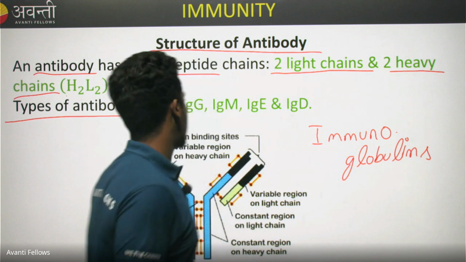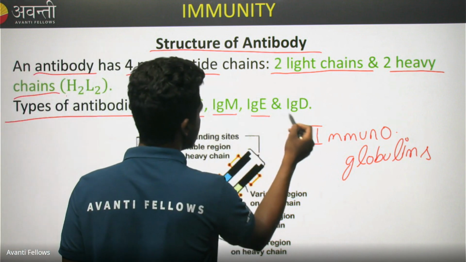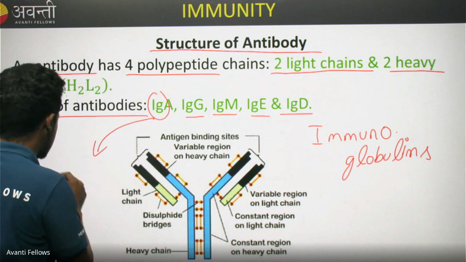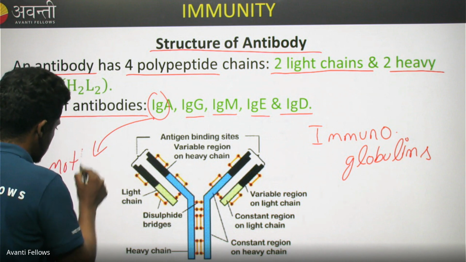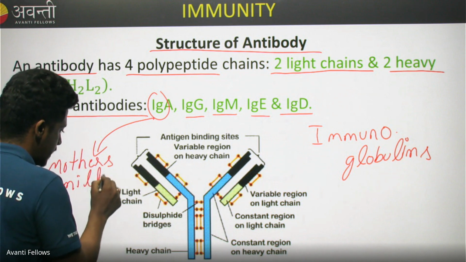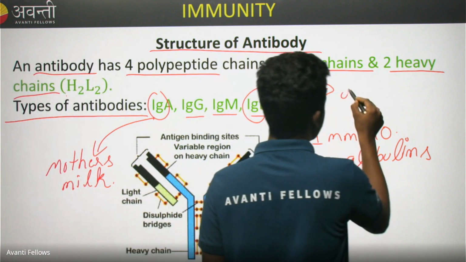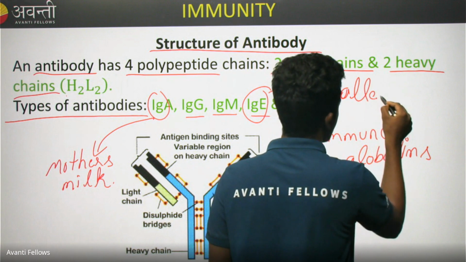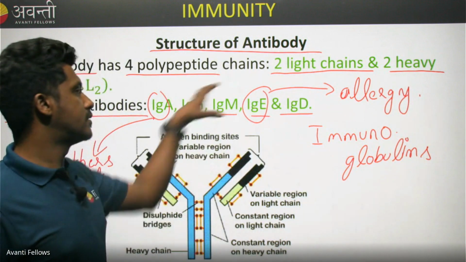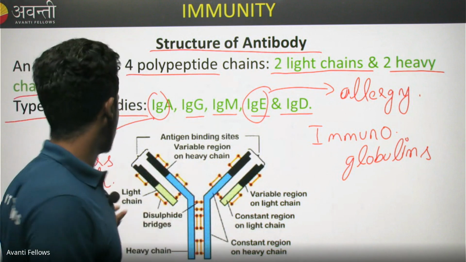Based on that, we have IgA, IgG, IgM, IgE, IgD. For example, IgA is found in mother's milk, right? IgE is responsible for allergies or allergic reactions. These are immunoglobulins that play a role in giving a particular type of immune response.